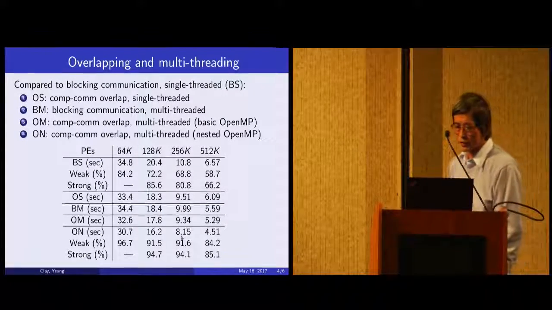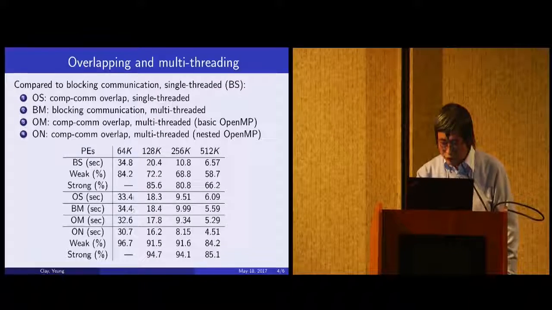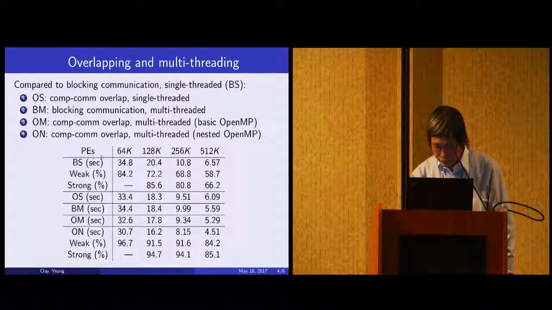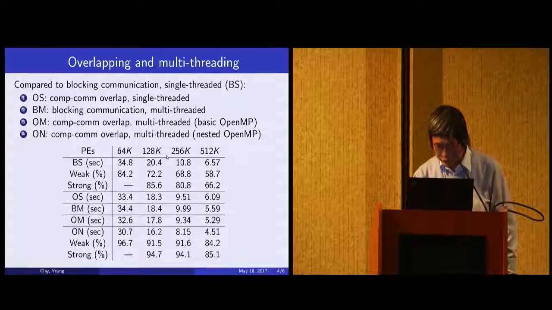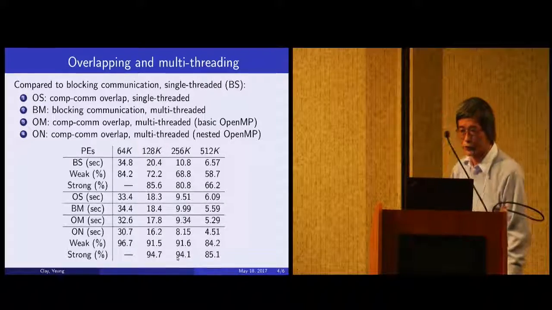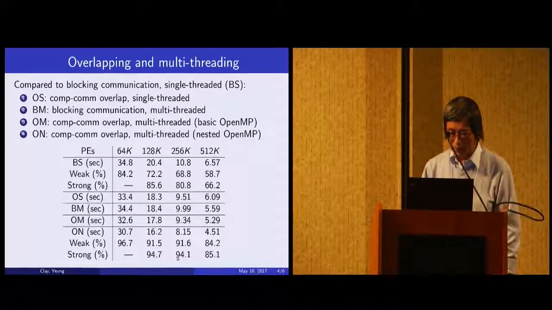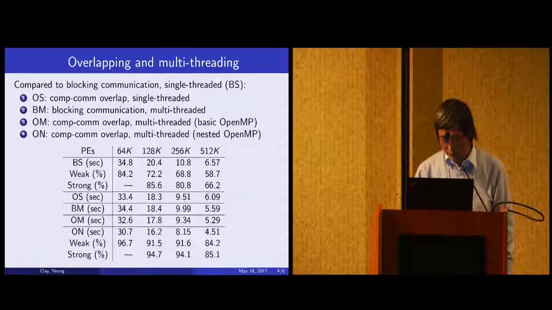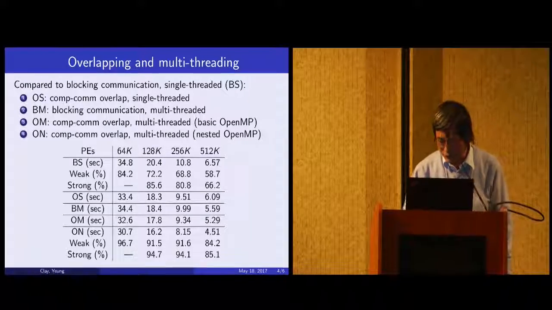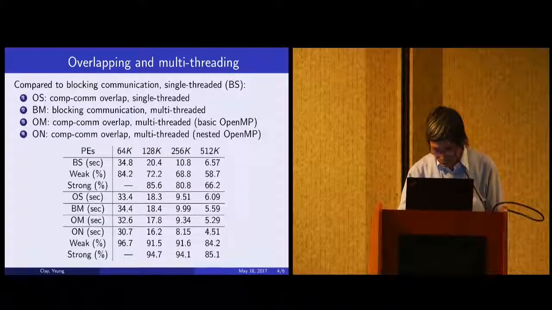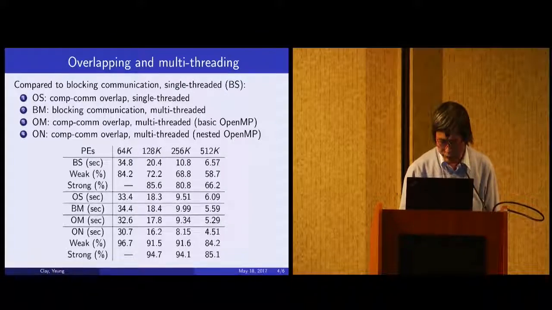So the strong scaling for quadrupling the number of cores, from 64K to 256K, we have 94%. I would think that this is about the best that we can ever hope for, or actually this is better than what we imagined that we would achieve from the beginning of the project.